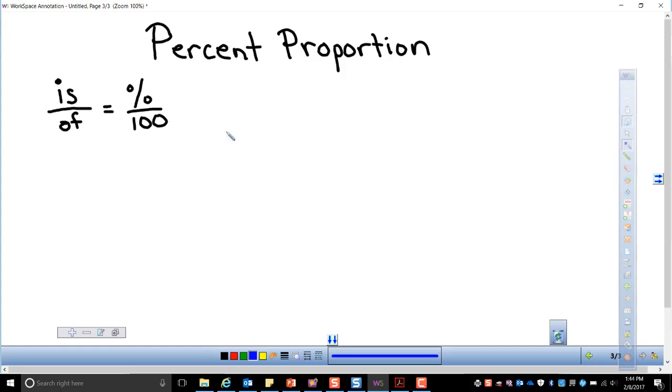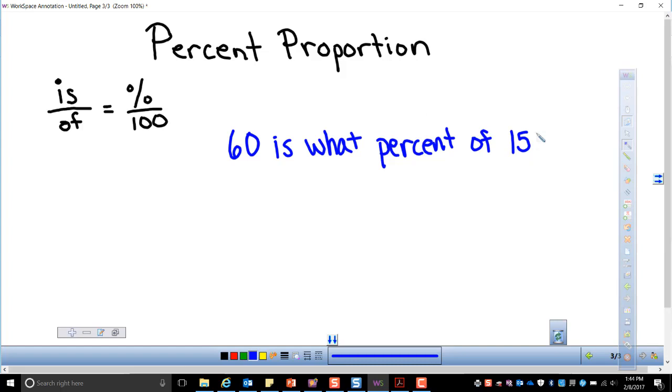So we're going to start with this one. It's going to say 60 is what percent of 150? So we're going to go to the number 60. And next to 60 is the word is.